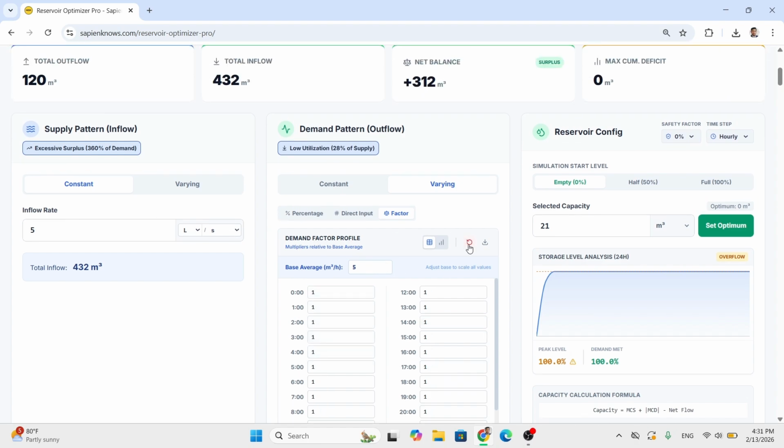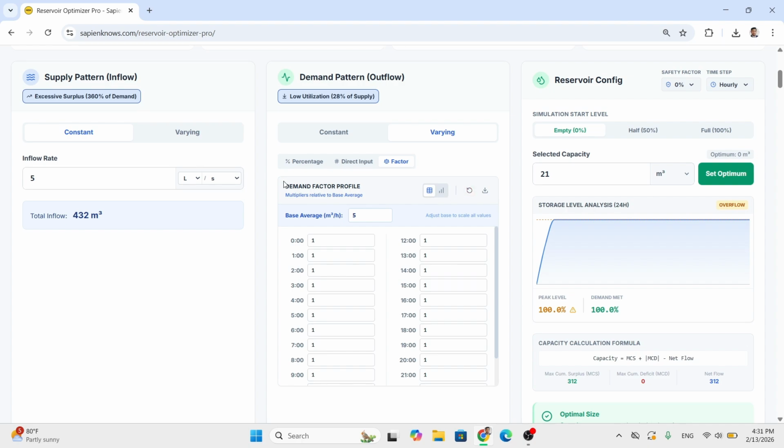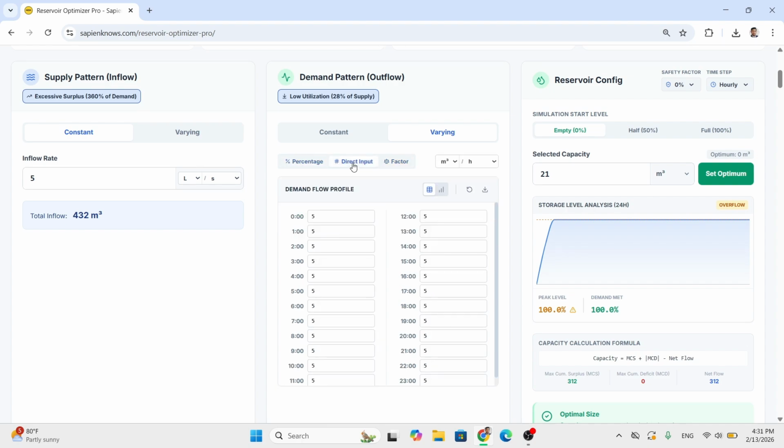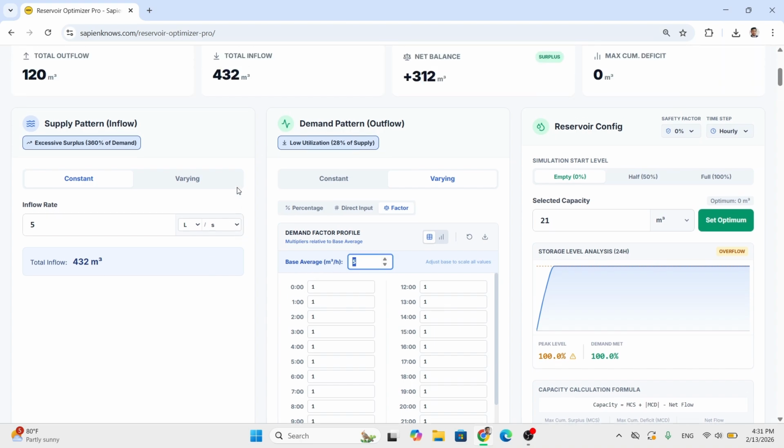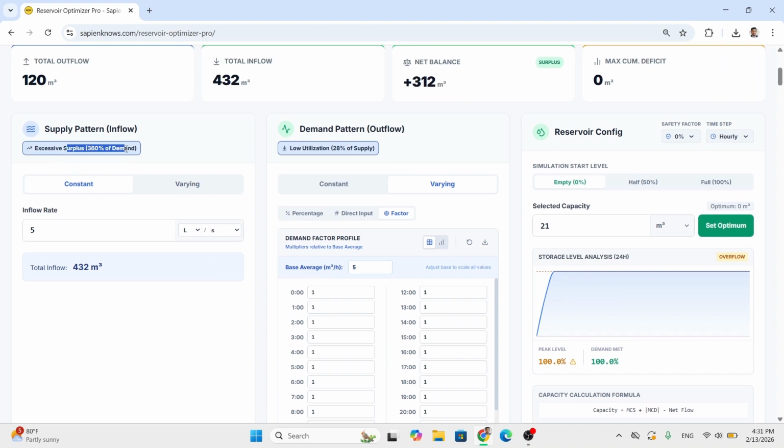So let's put a factor value. We will have to choose a base demand in this case. The total supply should always be greater than the total demand, or in the best case it should be equal.